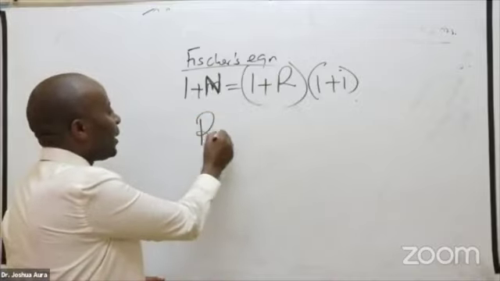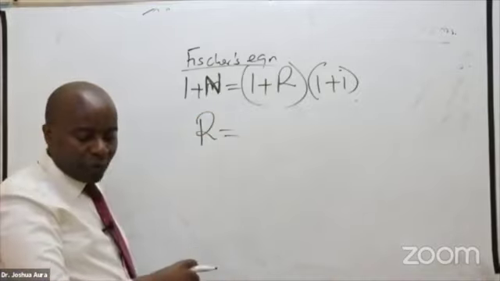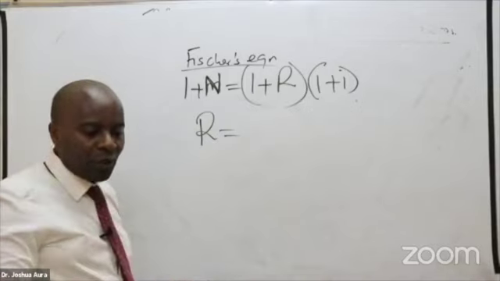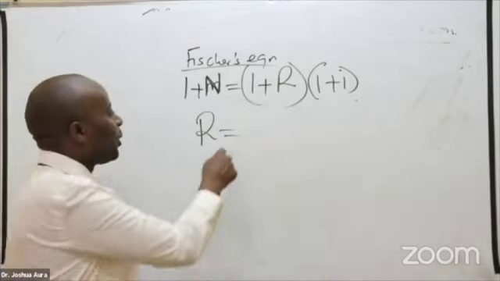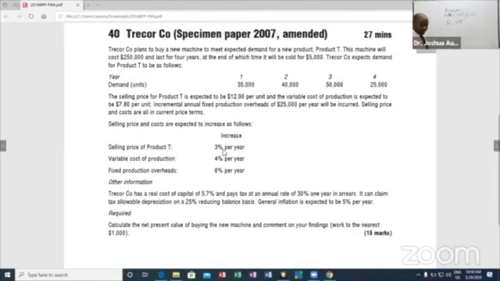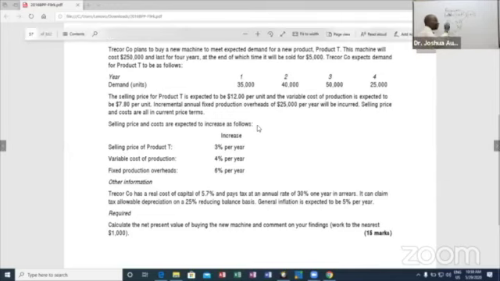The real cost of capital, which the examiner gave us in the question, was 5.7%. And then they went ahead and gave us the general inflation rate, which is 5%. And therefore, I should be able to get the nominal.